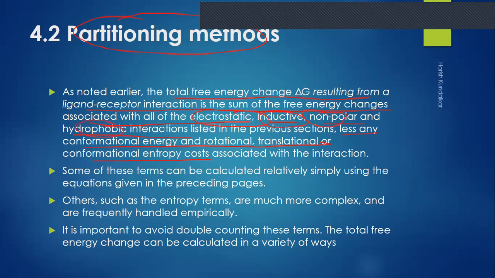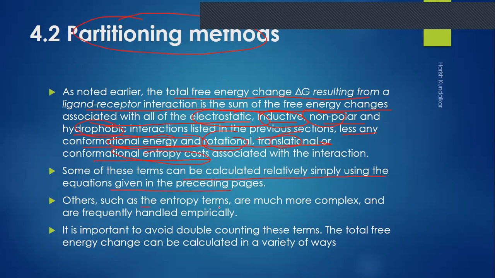So whatever are the free energy changes induced due to electrostatic, inductive, non-polar, hydrophobic interactions, if we deduct the conformational energy and rotational, translational and conformational entropy related penalties, then we get the free energy change. Some of these terms can be calculated relatively simply using the equations in the preceding slides.